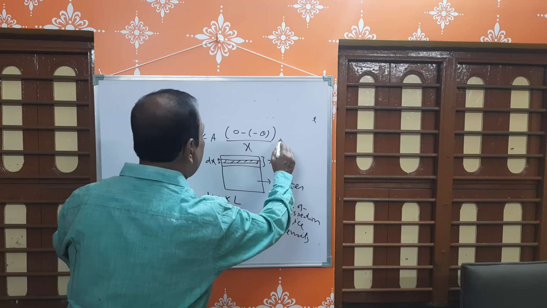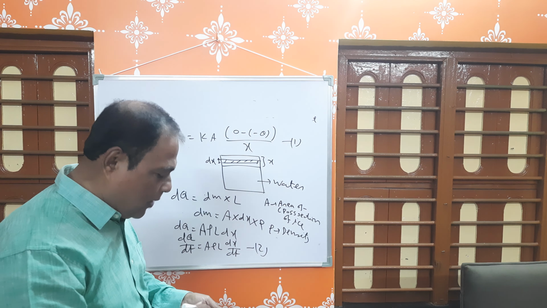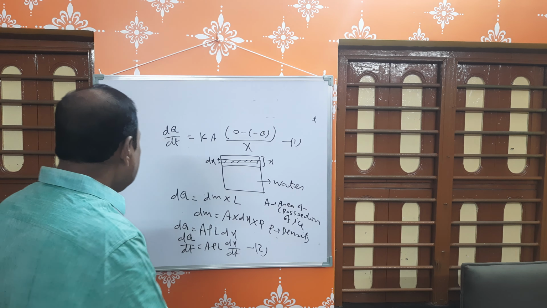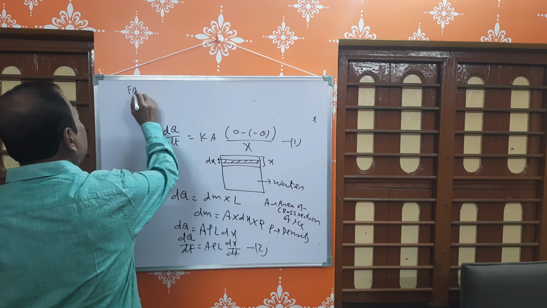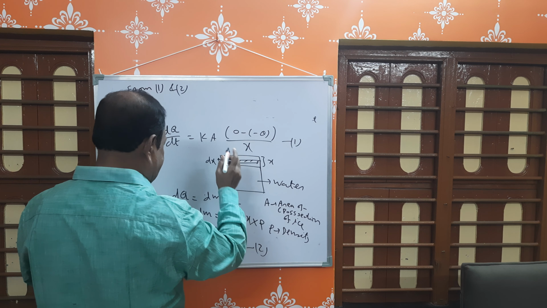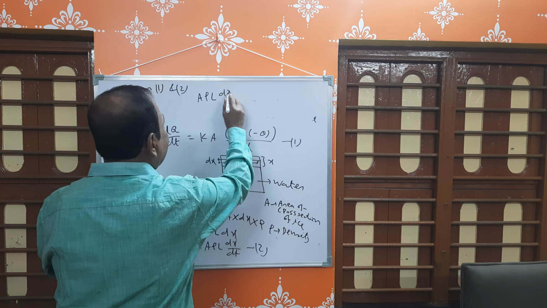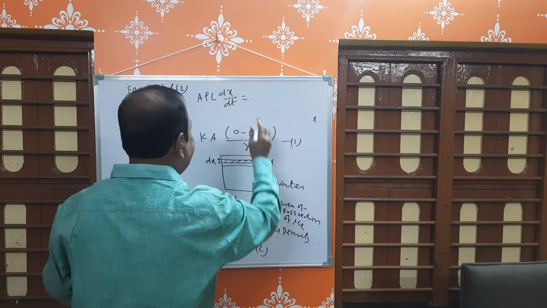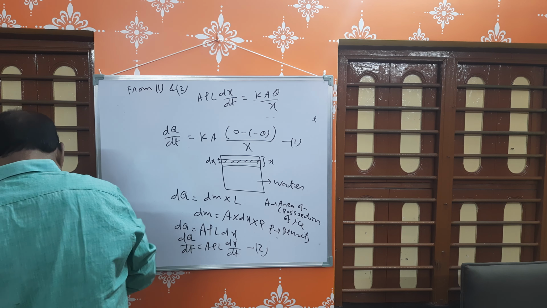This is your equation number 1. This is your equation number 2. I think all of you are clear, no problem. A is area of cross section, rho is the density, L is the latent heat, and dx/dt. So ultimately we equate 1 and 2. So from 1 and 2 you can write A rho L dx/dt is equal to k A theta by x.